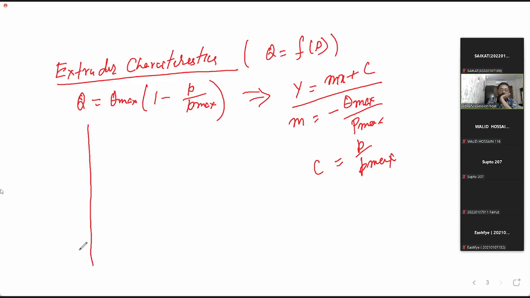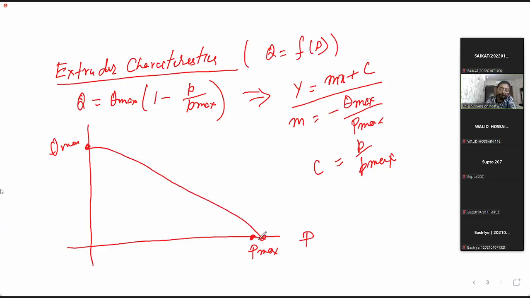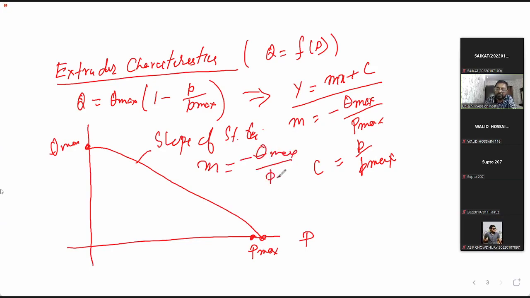Now, if we draw the graph, here is our P. It will be our P maximum. It will be Q maximum. So this is the slope of the equation of the straight line, m is equal to minus Q maximum by P maximum.